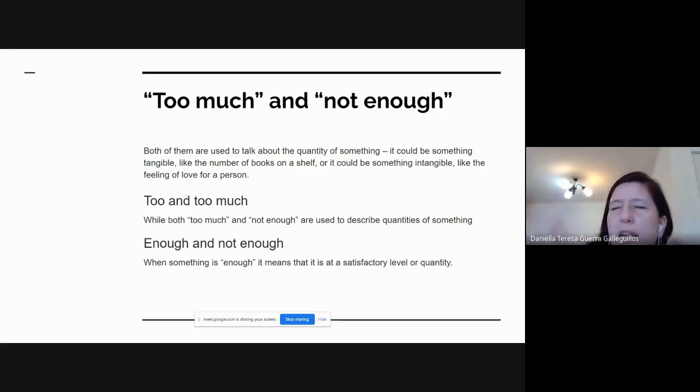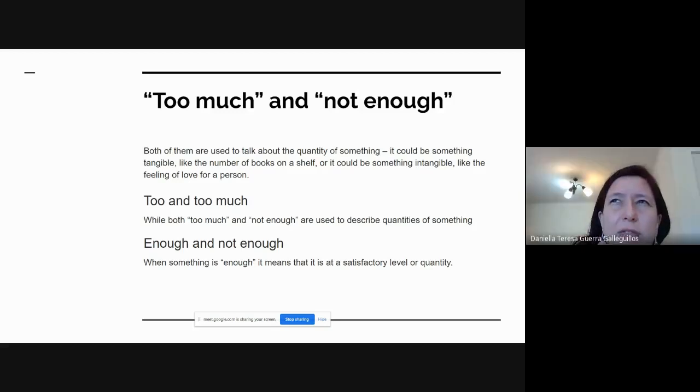Yes, of course. Now listen to these two examples. There are too many books on this table. Or there is too much information for the test. Is that positive or something negative?